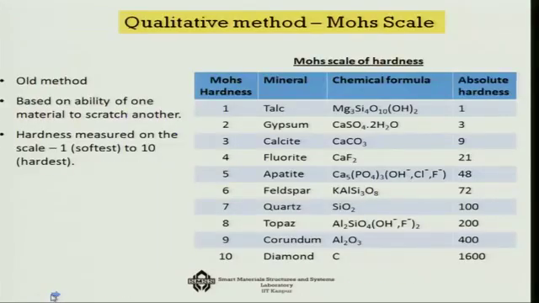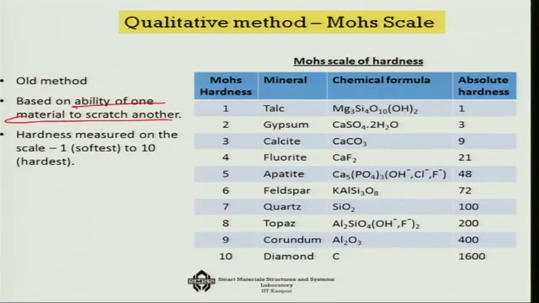Now, hardness in the initial stage used to be found out through a very qualitative method, which was mostly used by geologists, and that is based on the ability of one material to scratch another.